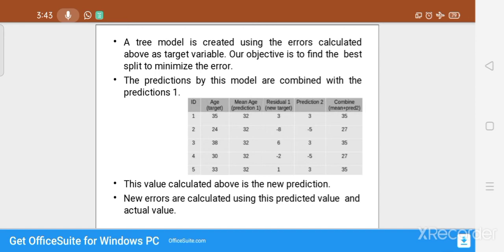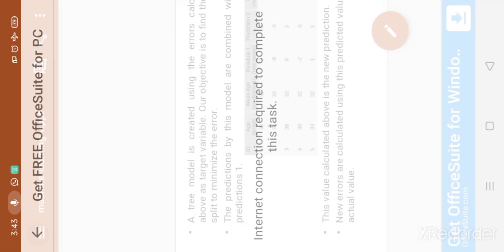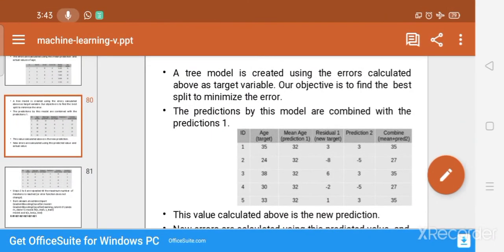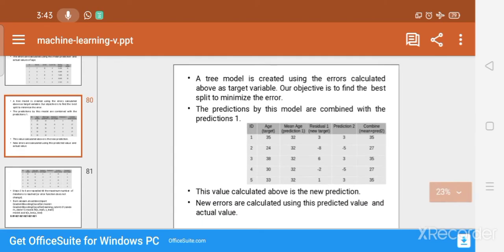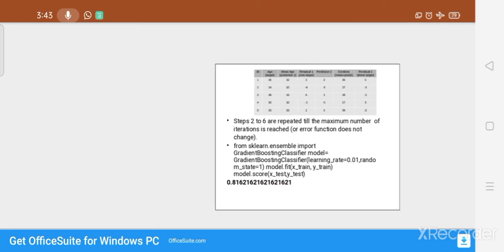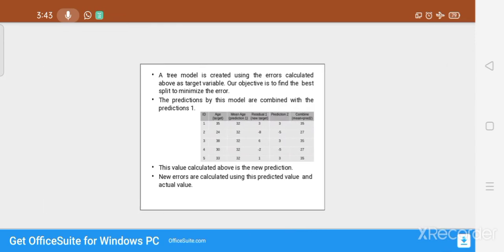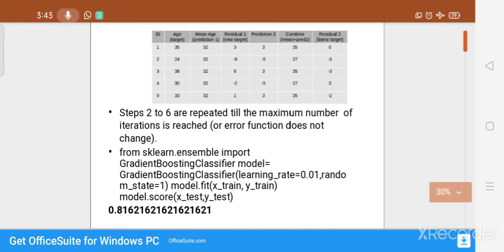So the prediction of the model is over here, the age of the target variable, which is given over here. That is 35, 24. Now in the next step we have to consider the mean prediction values for each and every data sample, that we have considered as, suppose, 32.